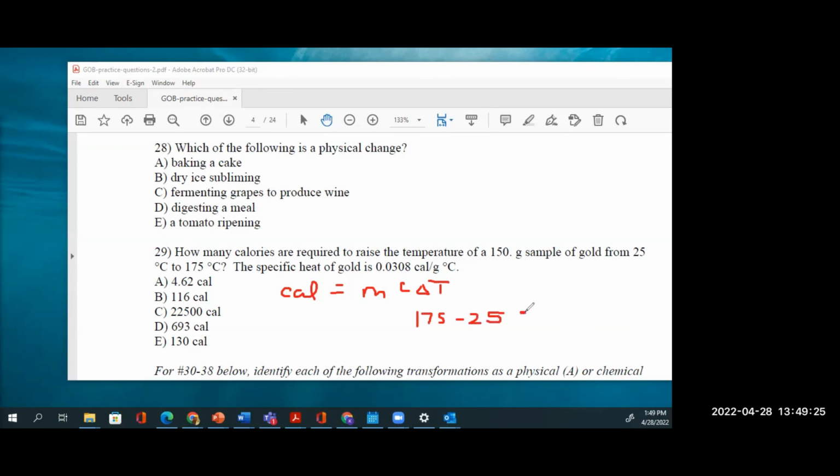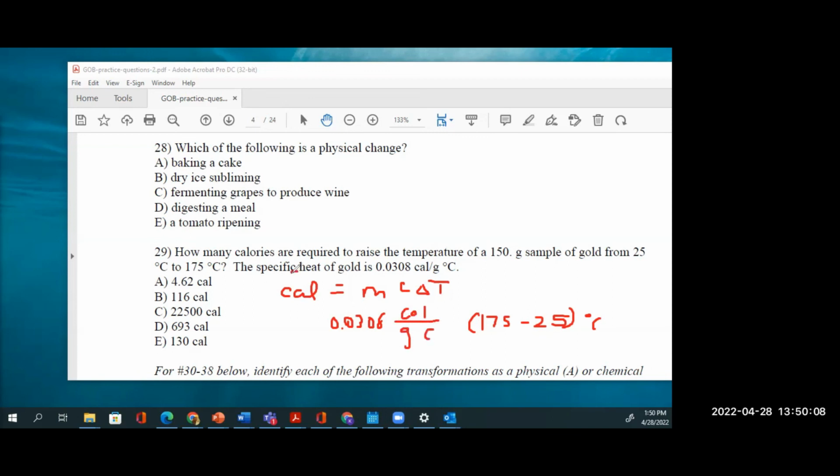Let's put our units so you guys can see. That's Celsius. Our specific heat is 0.0308, and that's cals per gram Celsius.